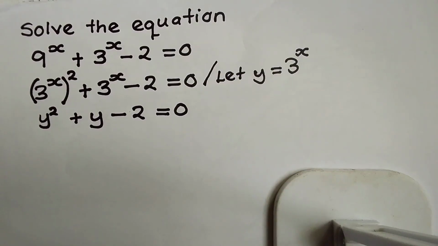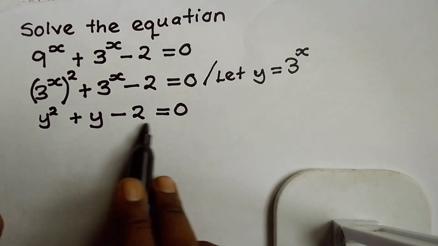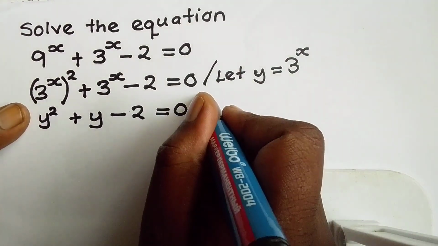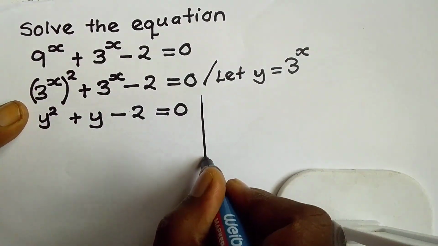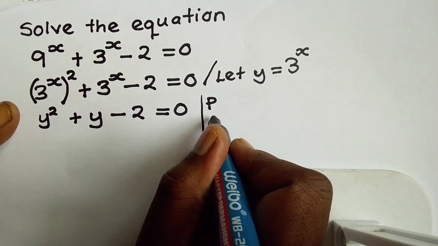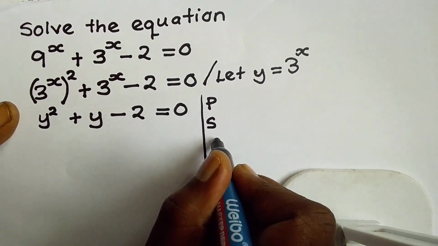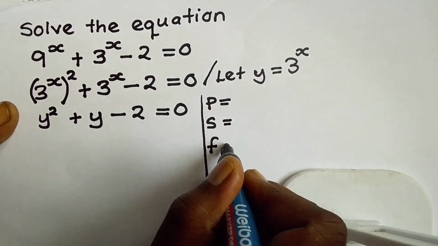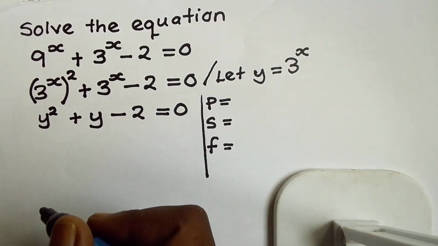Okay, so now having done this, what we have is a quadratic equation. So now what we are going to do is find the product, the sum, and the factors. So how do you find the product?